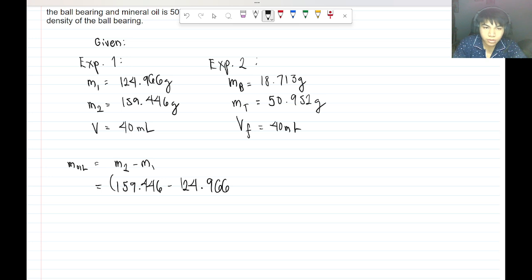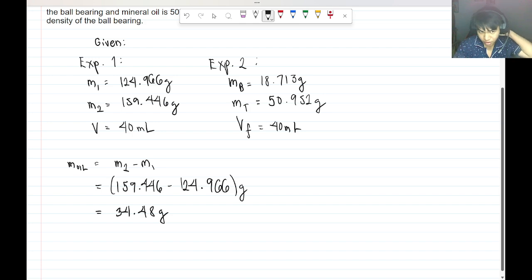This is in grams. So you will have 34.48 grams. And now that you have the mass and the volume, you can calculate for the density.